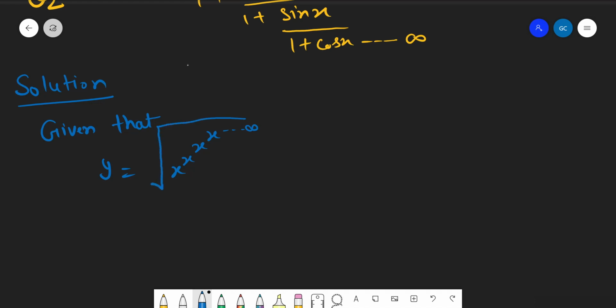As you can see here, there is one pattern. Since it goes till infinity, we can substitute it with something.